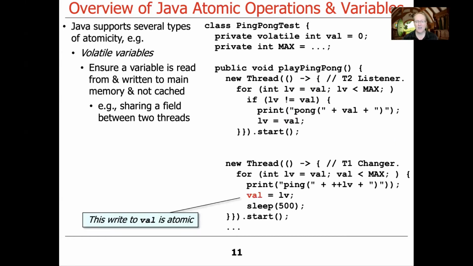And down here, the changer thread is going to be writing to val atomically. And by doing this, everything works as desired. If you want to try this, go and see how it works if you run the program using the volatile keyword. It should work properly and do ping pong in an alternating way. But if you take out volatile, you'll get strange results.